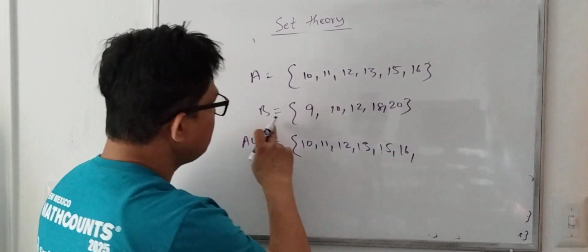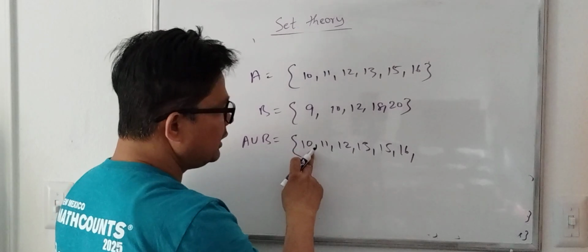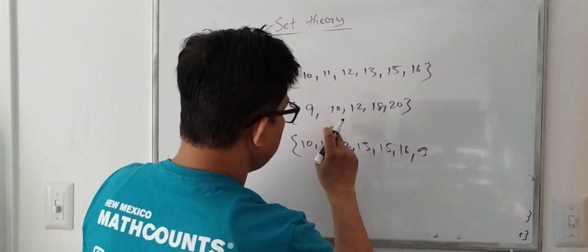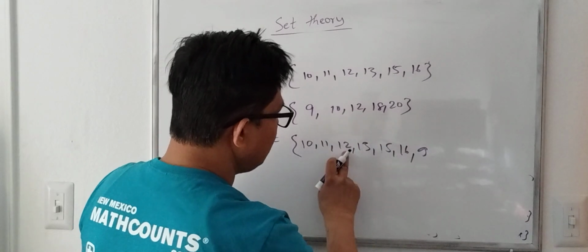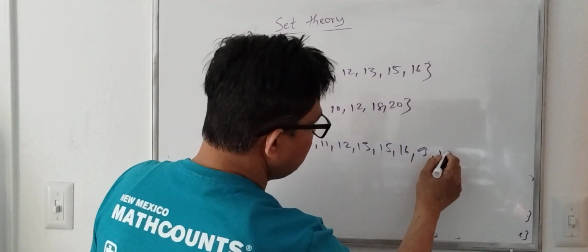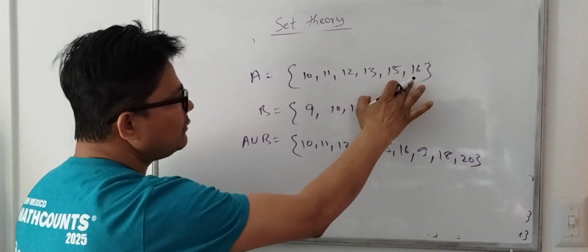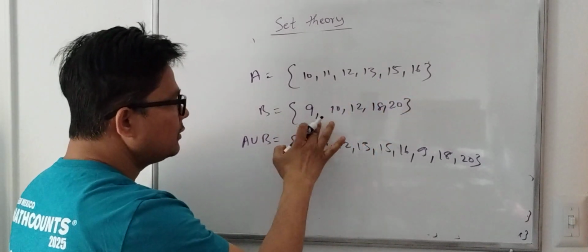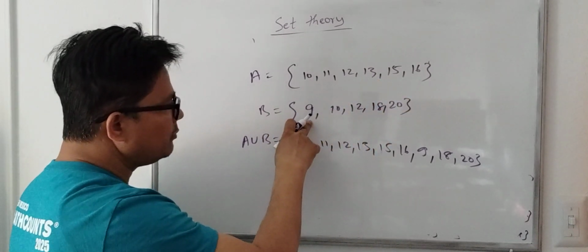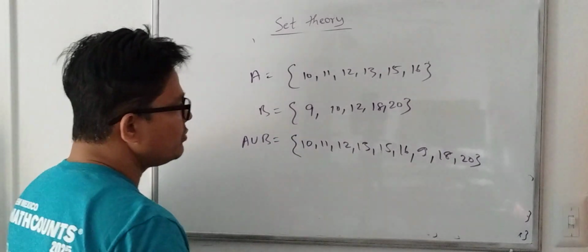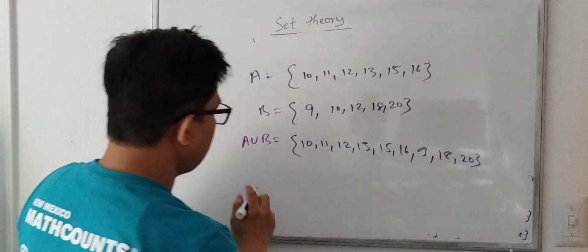Then go through the elements of B and see if you already wrote them. 9, no, so write it down. 10 you already have. 12 you already have. 18, no, so write it down. This is the simple way. Write down all the elements from A, and when writing elements from B, make sure each is not already there. So this is your A union B.